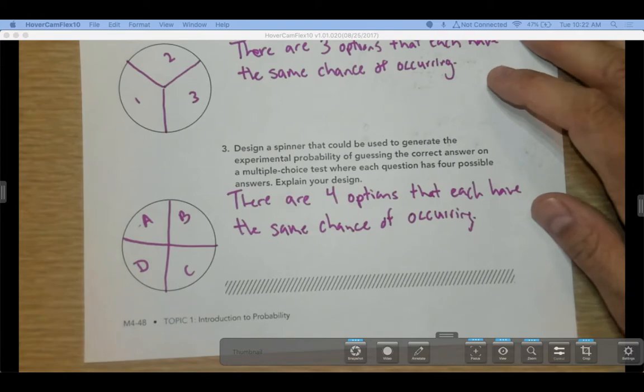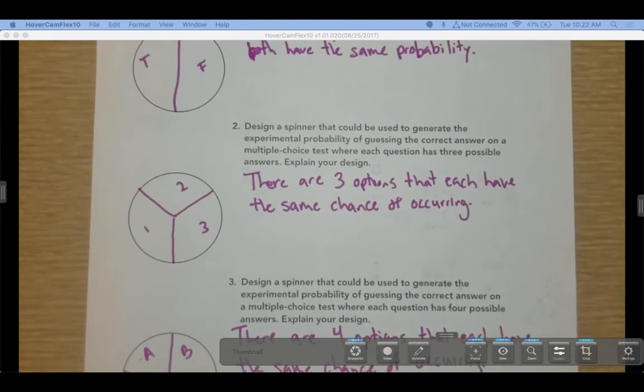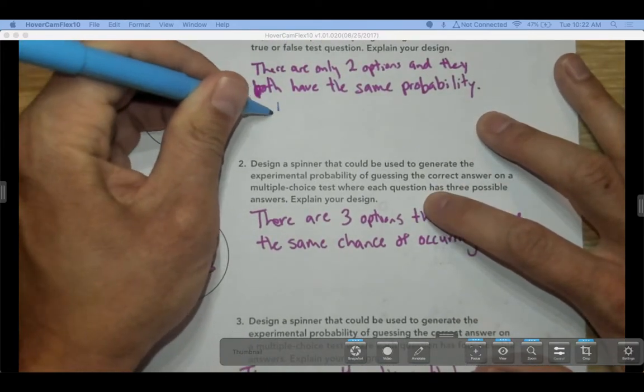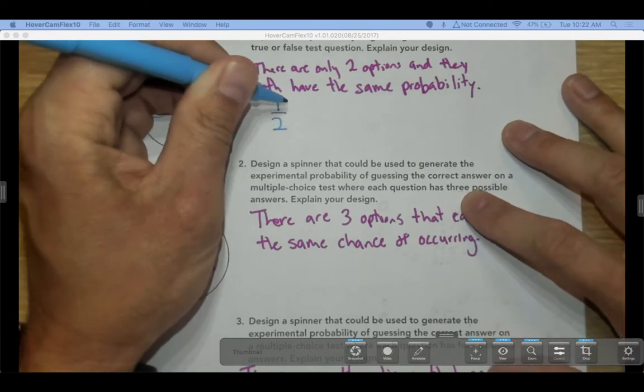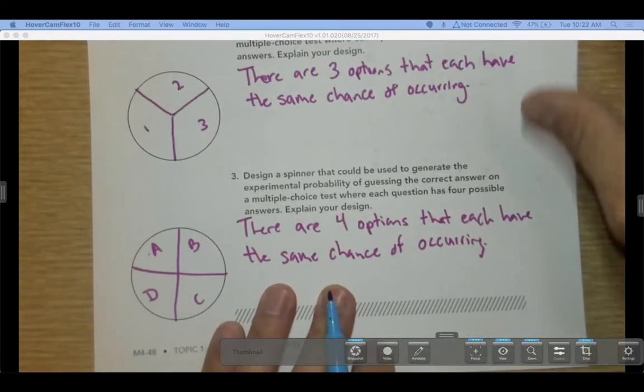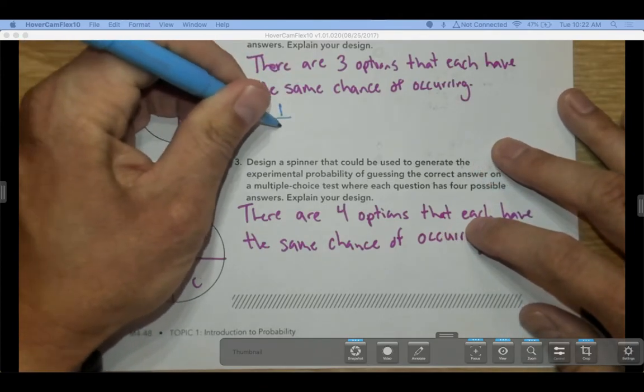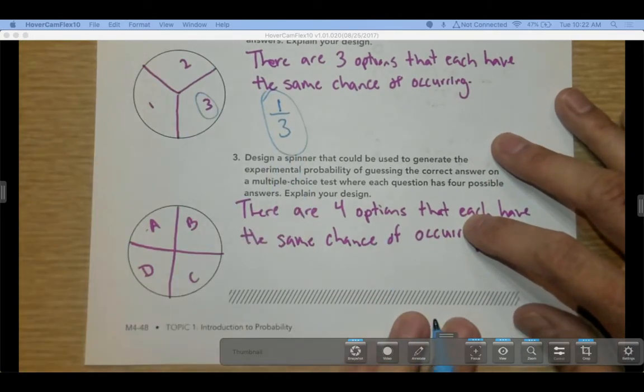Now I want to go back here, and if I think about it, let's say true is correct. So I have a 1 out of 2 chance of being right. Let's say 3 is right. If I'm guessing, I have a 1 out of 3 chance of being correct.